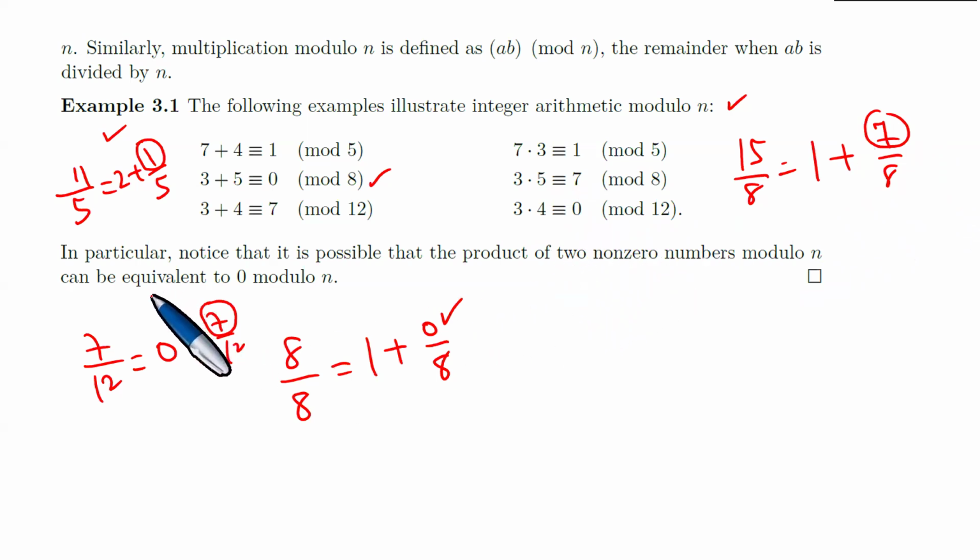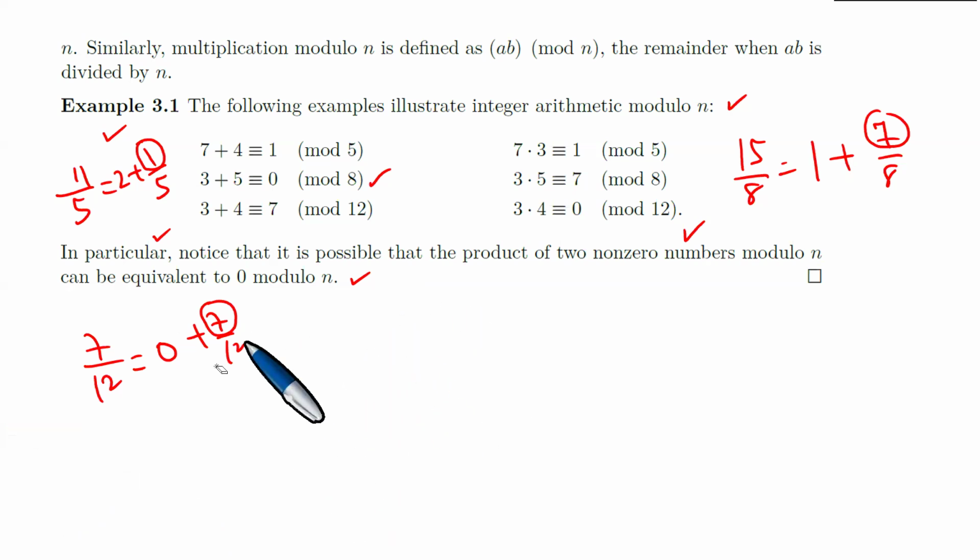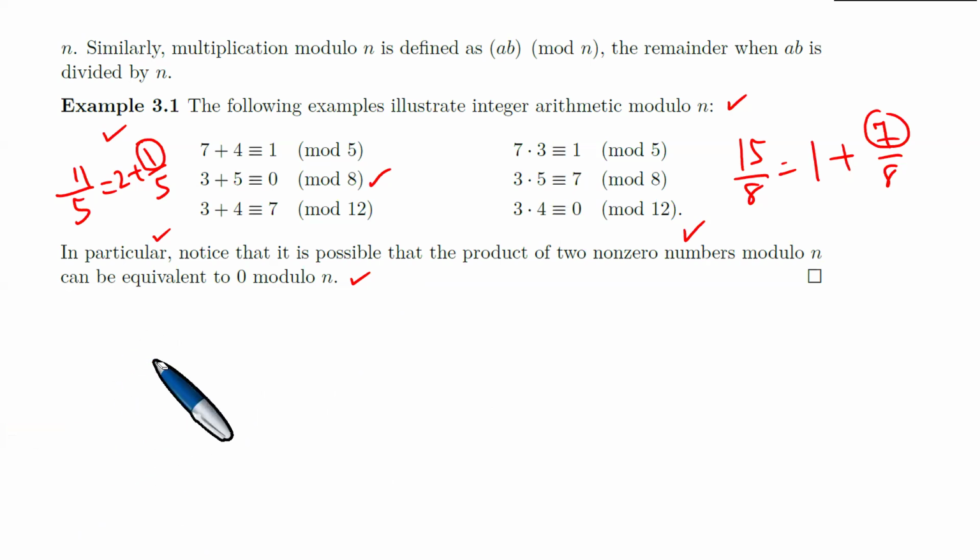In particular, notice that it is possible that the product of two non-zero numbers modulo n can be equivalent to 0 modulo n. Okay, so now let's make sure we understand that.